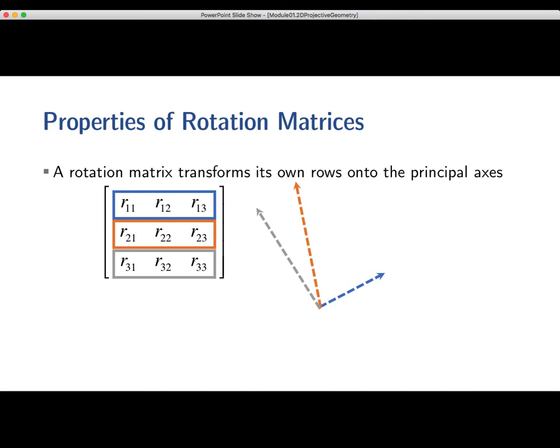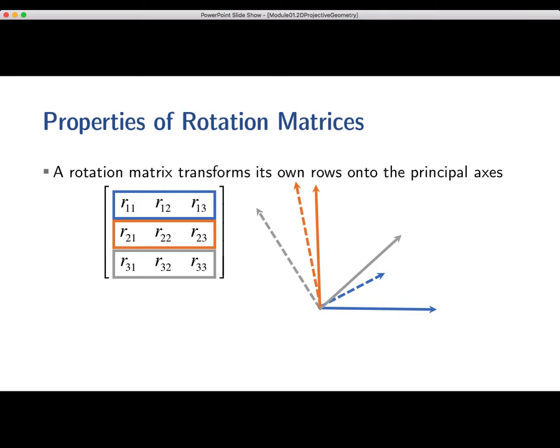Necessarily, these three vectors will be orthogonal to each other, because that's the nature of an orthonormal matrix. They form 90 degrees with each other, but they are in some orientation in the space. The effect of this rotation matrix is that it transforms the space such that these three move onto the principal axes. So that's one way to think about this rotation.